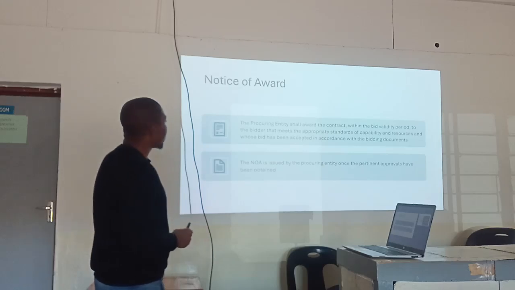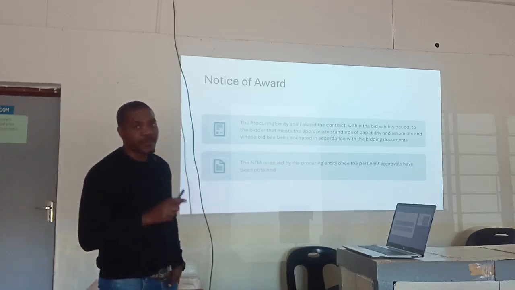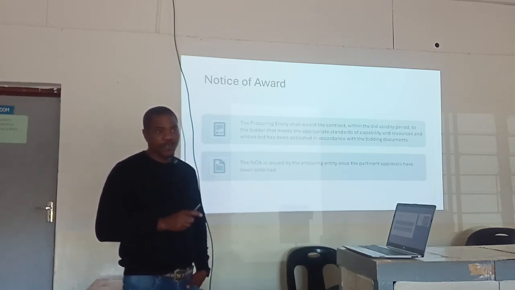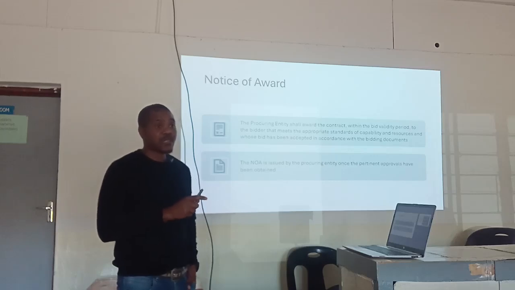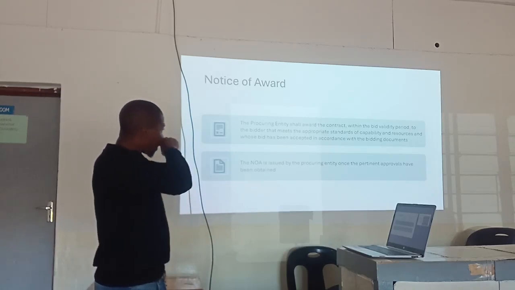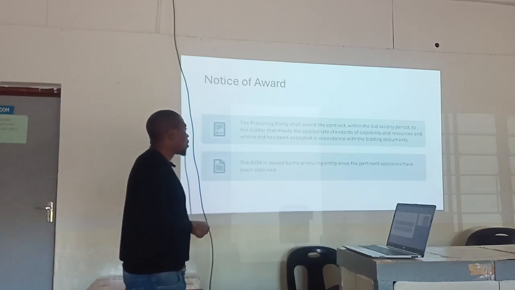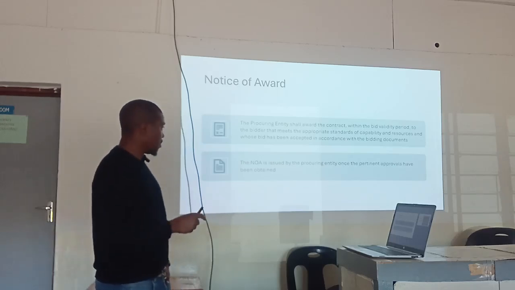The procurement entity shall award the contract within the bid validity period. Do you remember the bid validity period? Yeah? This period is stipulated in the document. The bidders that meet the appropriate standards of capability and resources and whose bid has been accepted in accordance with the bidding documents.